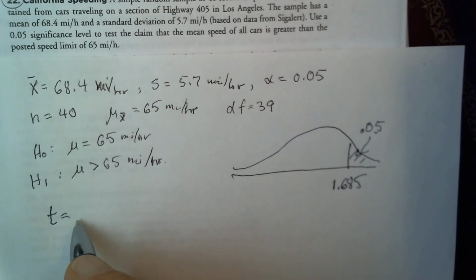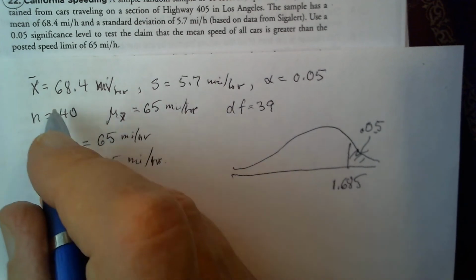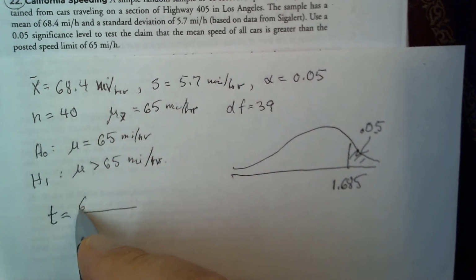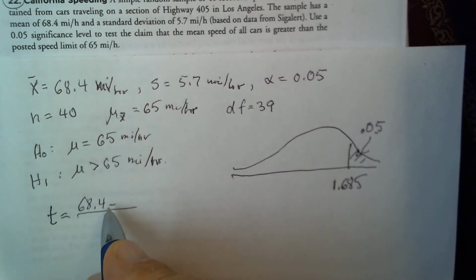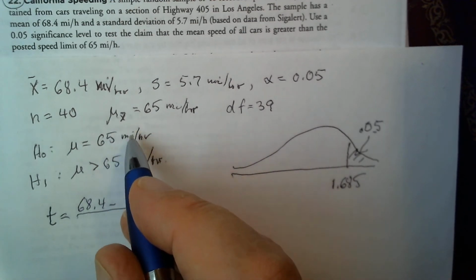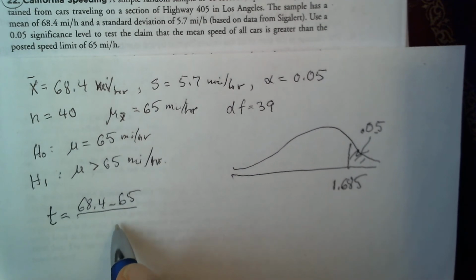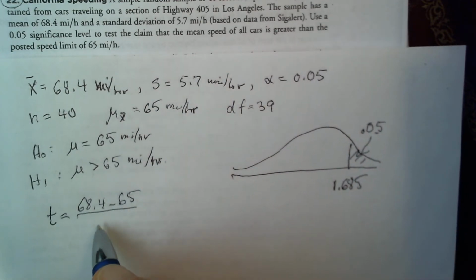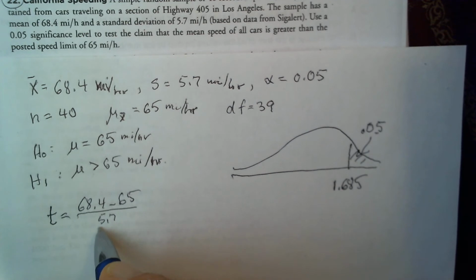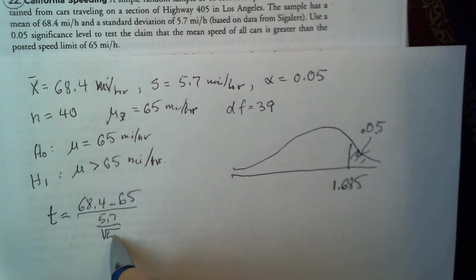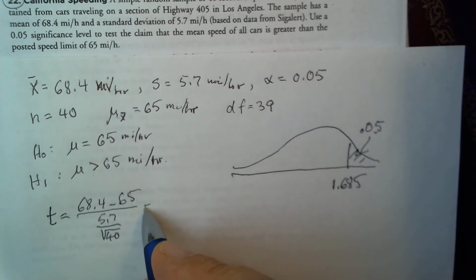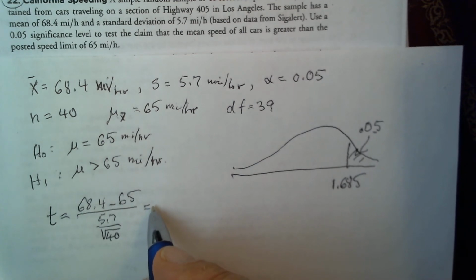Our test statistic is x bar, our sample mean of 68.4 miles per hour, minus mu sub x bar of 65 miles per hour, and then the sample standard deviation is 5.7 miles per hour divided by the square root of 40. And this value is 3.773.